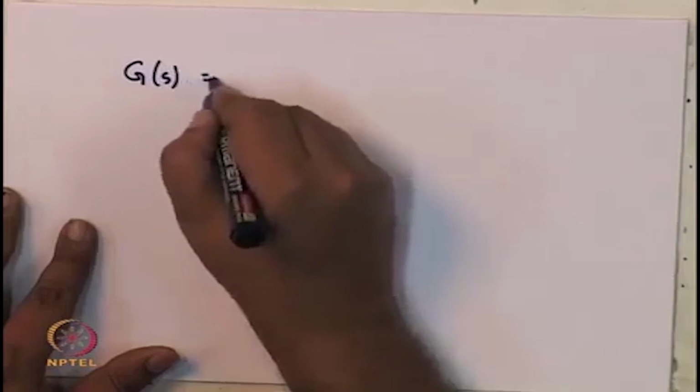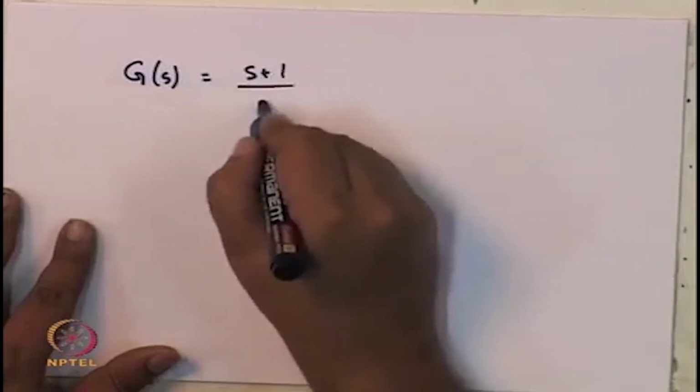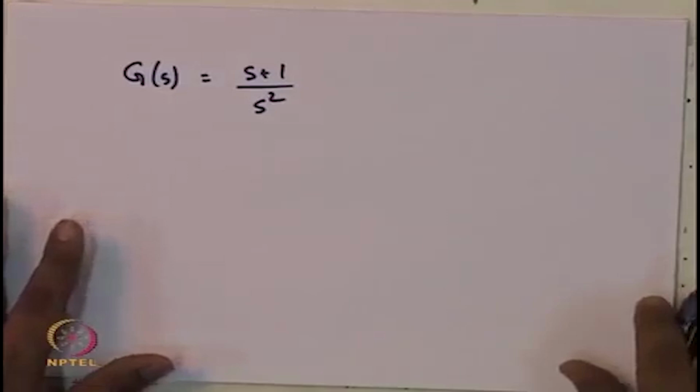So, for this system, I consider the linear plant G(s) to be (s plus 1) upon s squared.